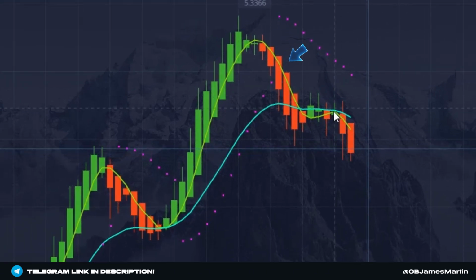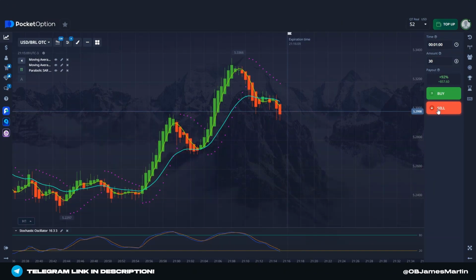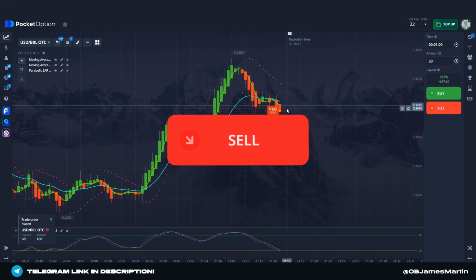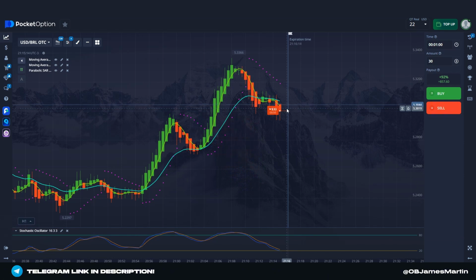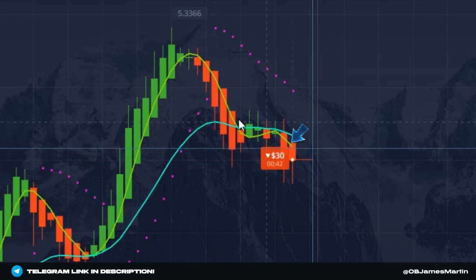When I find an opportunity, I'm going to take it and explain it for you. So, guys, right here we're looking for a sell opportunity, and I'll make this a sell with $30. Basically, the first thing we saw before I traded is consistent candlesticks on a particular level. As you can see, our two moving averages intersect with each other.